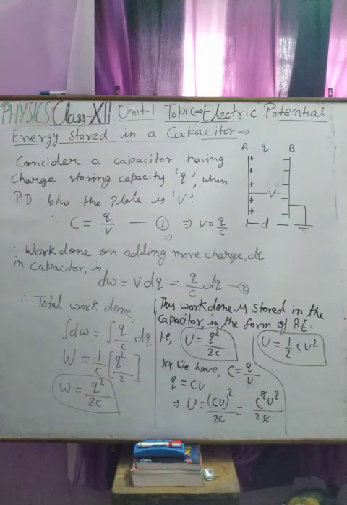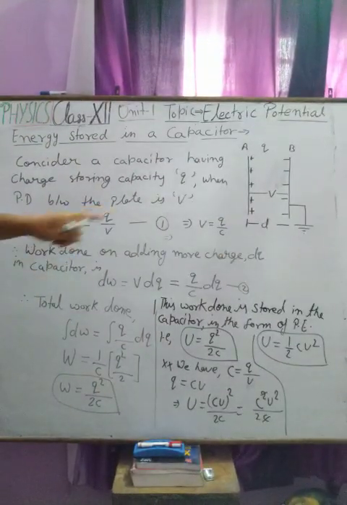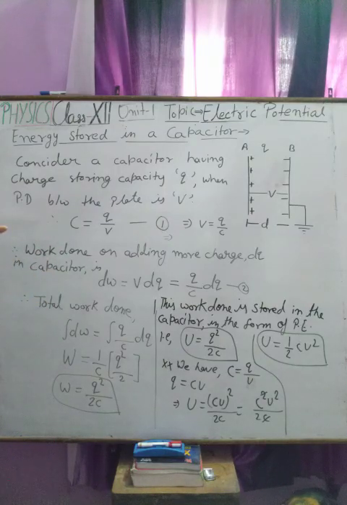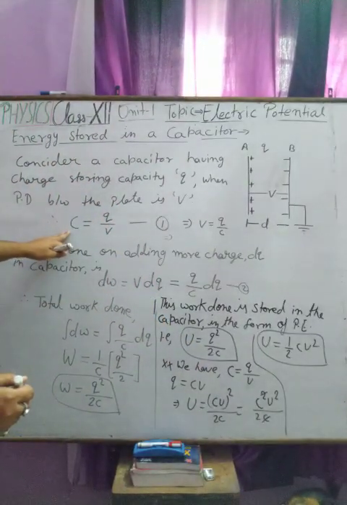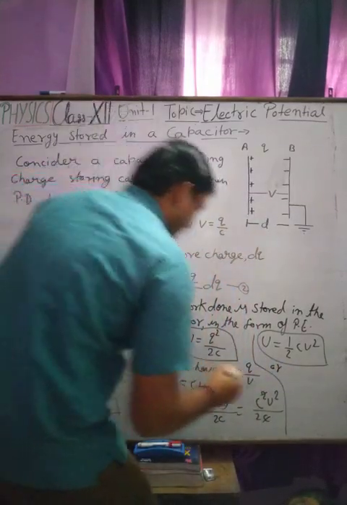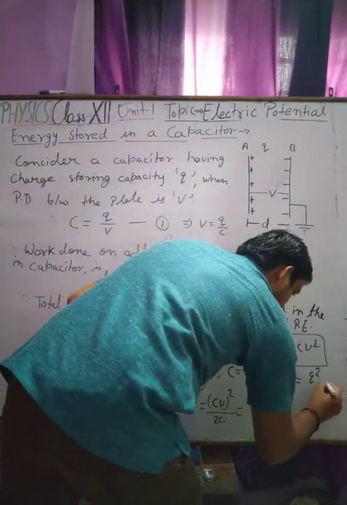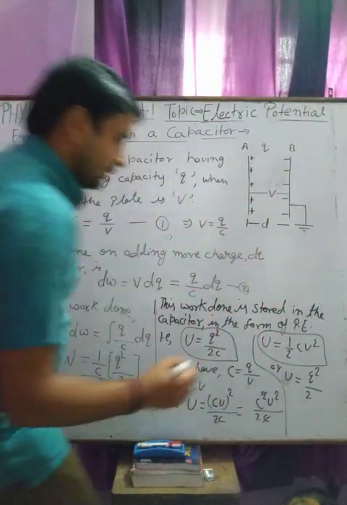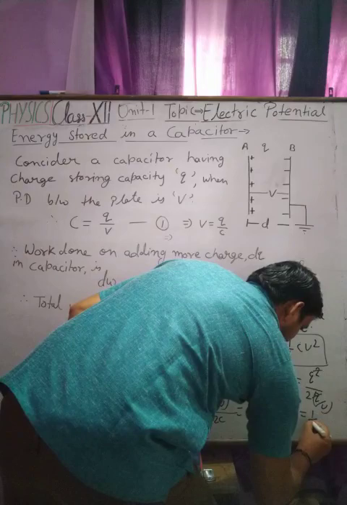We can also use the value in place of V. When we place it in place of C, then the other form is U is equal to, in the same equation, Q square upon 2, and in place of C we can use Q upon V. Now student, this Q cancels the square and we get the relation half QV.